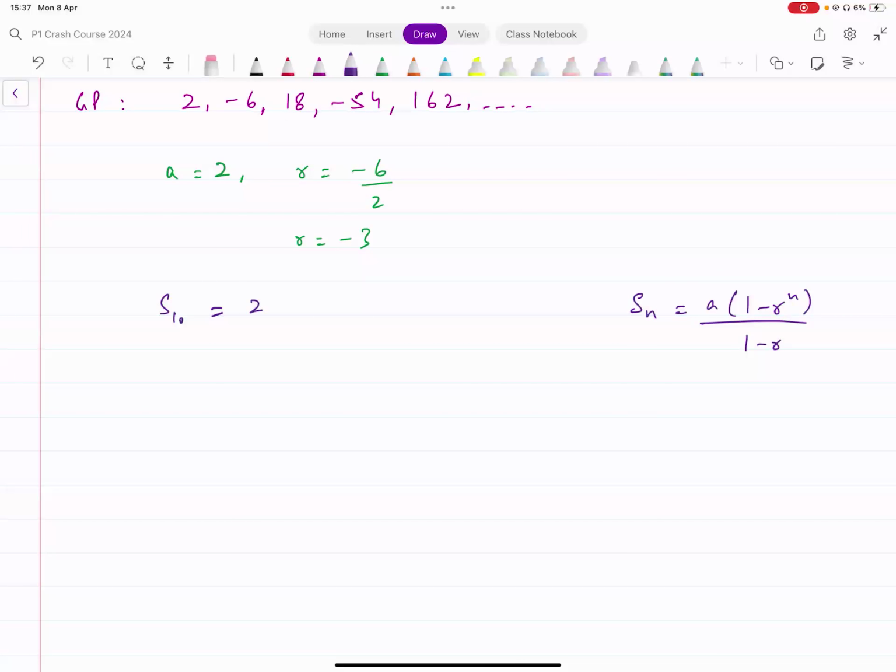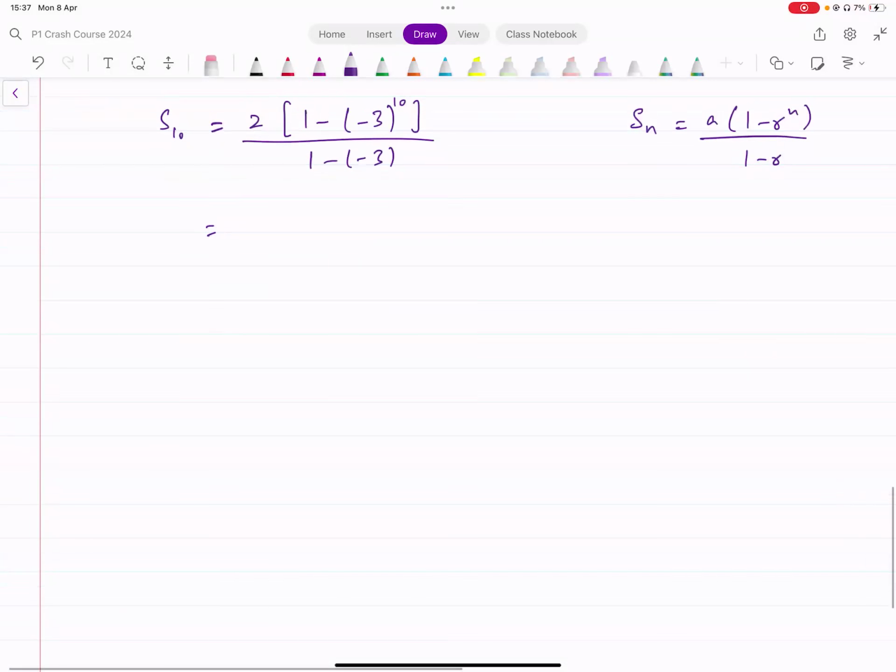The value of A is 2. Now you've got to be very careful. Ratio is negative. You've got to put that inside brackets. 1 minus r is 1 minus (-3) raised to power 10, divided by 1 minus (-3). This is what it's going to look like. And now you can evaluate this and see what this turns out to be.